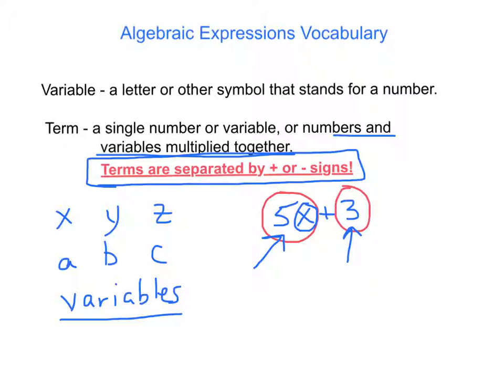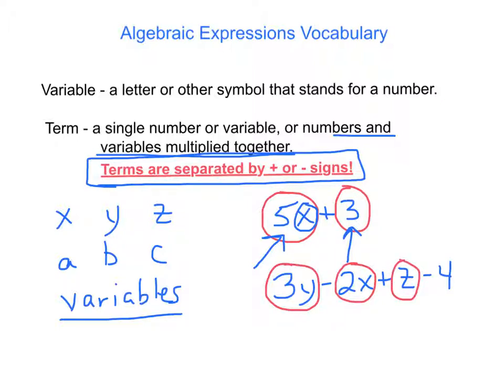If I had something like 3y minus 2x plus z minus 4, in that particular case I have 4 different terms. 3y is a term, 2x is a term, z is a term, and 4 is a term.